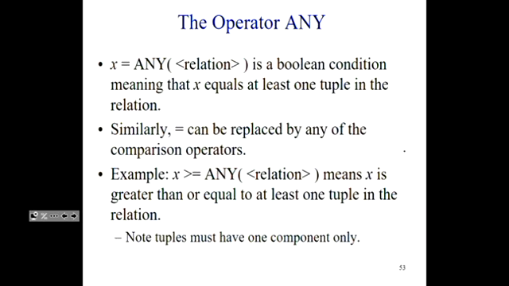Okay, so we talked about exists, we talked about in, and we talked about a single value. Now we are coming to the operator any. The any operator basically says: X operator any, in parentheses a relation, is a Boolean operator.